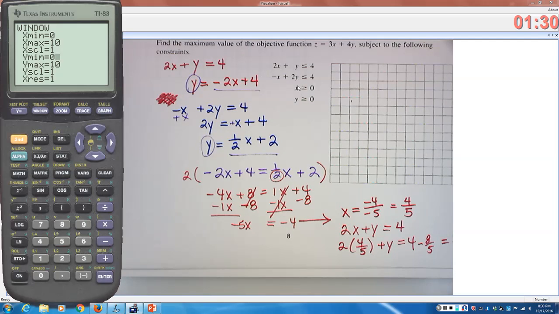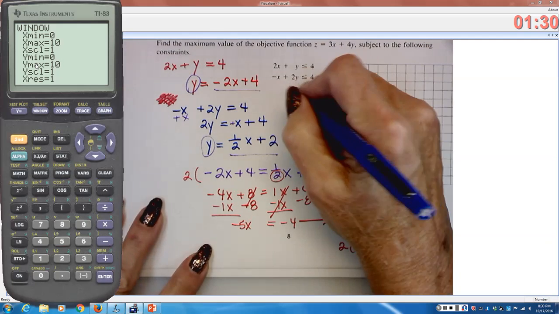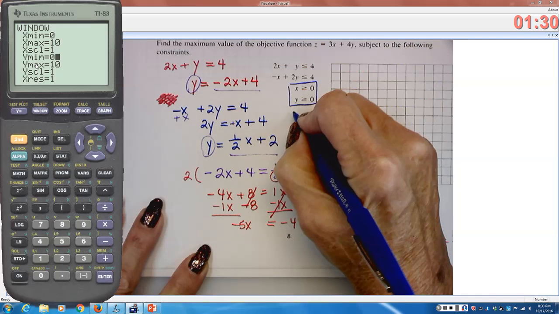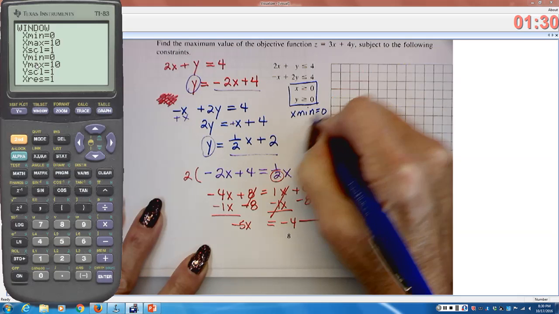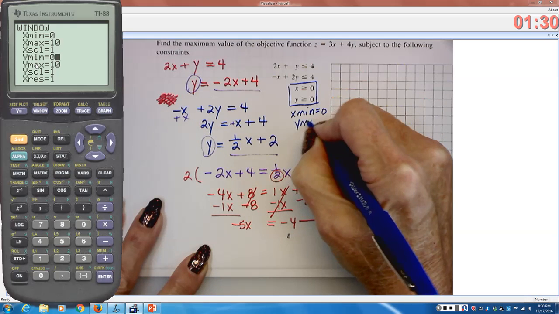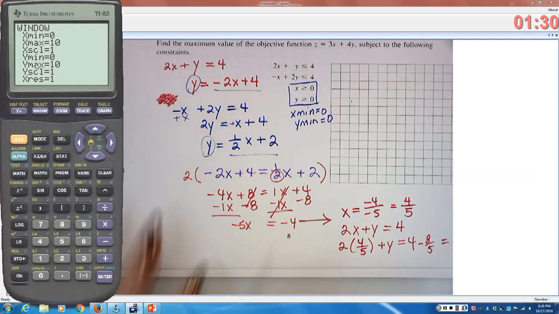So I can satisfy those two constraints by going to my window. So now I can just hit graph.